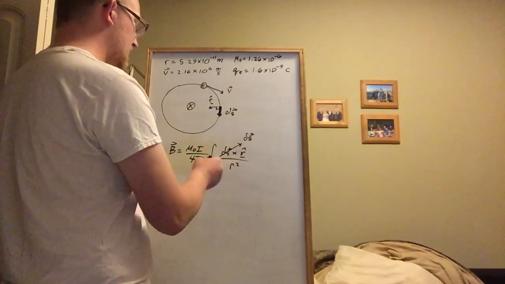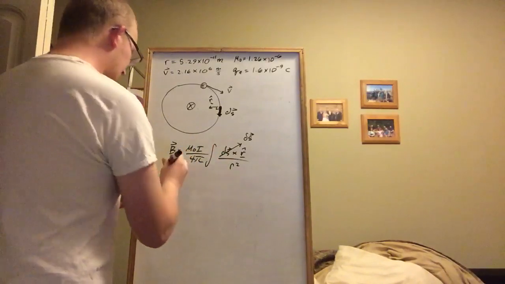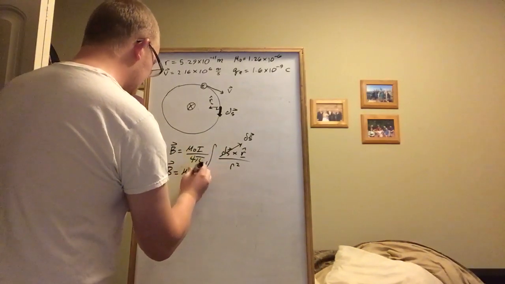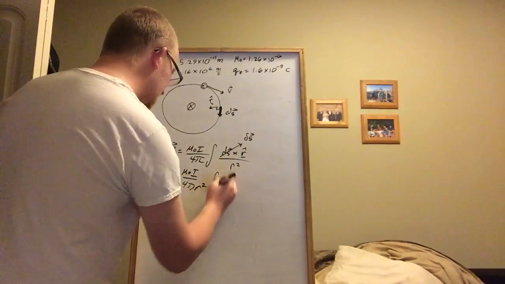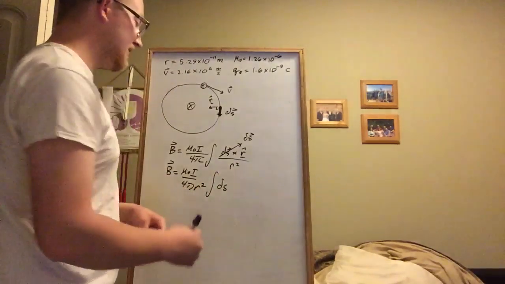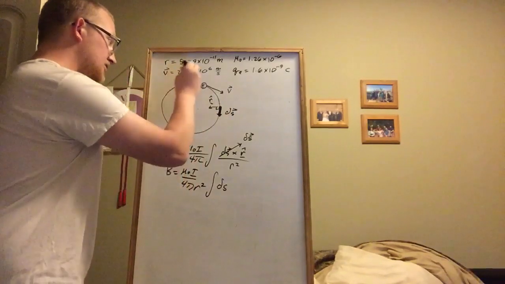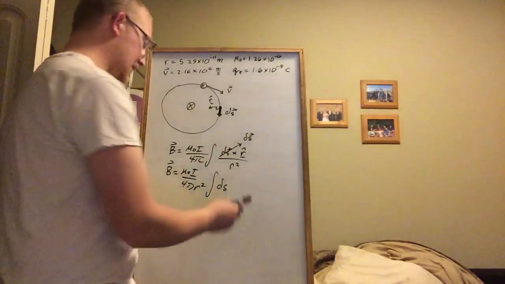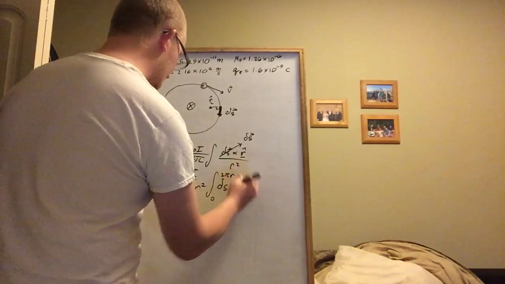And r is a constant because we're going around in a circle, so we can pull r out. So we have B equals mu sub naught I over 4 pi r squared, and then the integral of ds. Our segment starts here, travels around the circle and ends up back here, so that's the length of the circumference. We're going from 0 to 2 pi r.